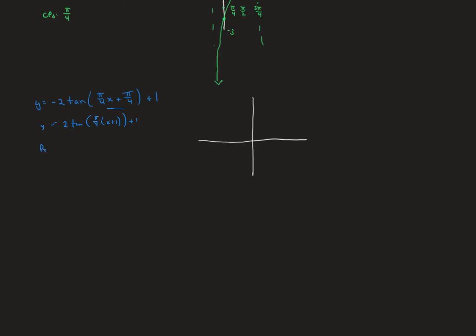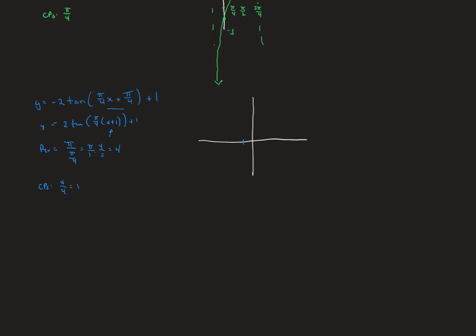So our period, which is going to be the natural period pi, divided by pi over 4, is going to be 4. There's our period. Our tick marks are going to be every fourth of a period, which is going to be every 1. So we are going to start this going 1 to the left.